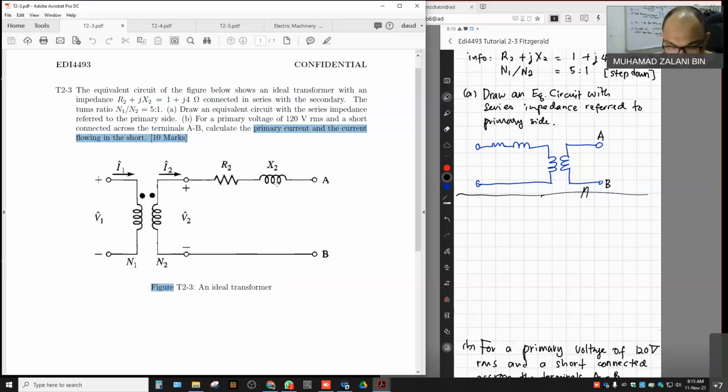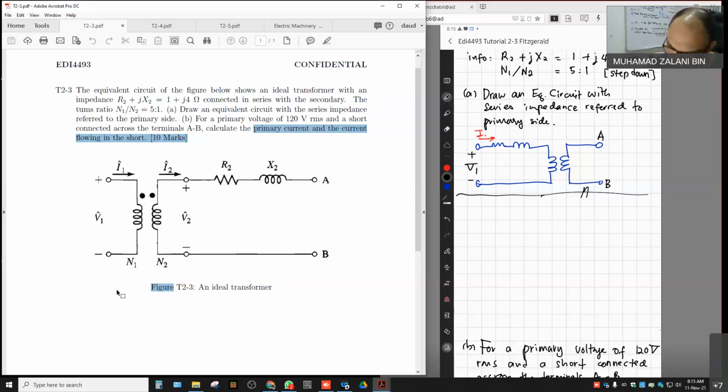And we have also, it doesn't mention on my left hand side or primary side what sort of terminals, but basically we have some input voltage V1, okay, and it allows the current I1 to flow.